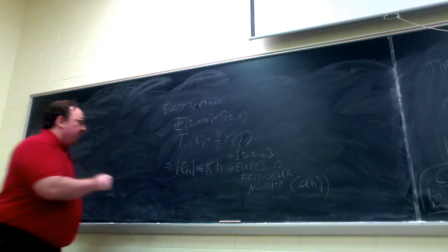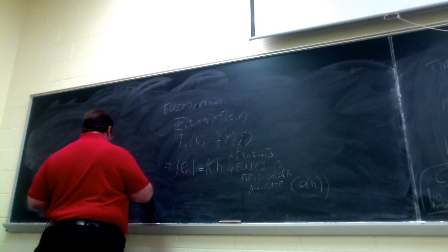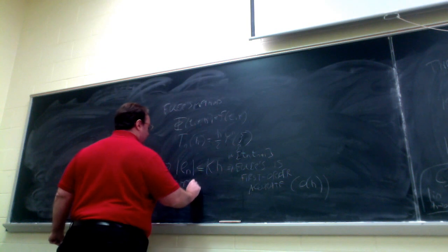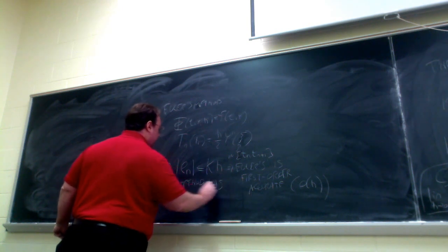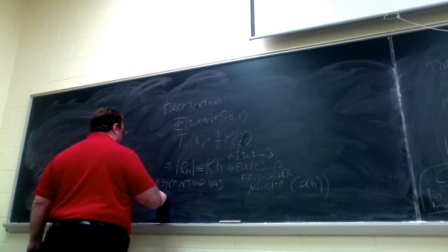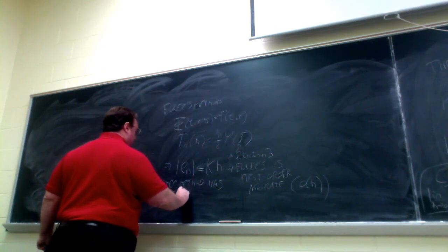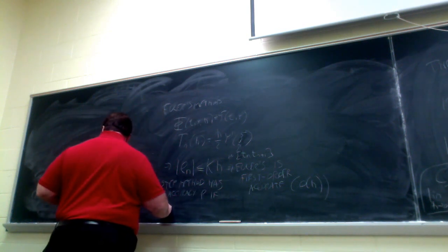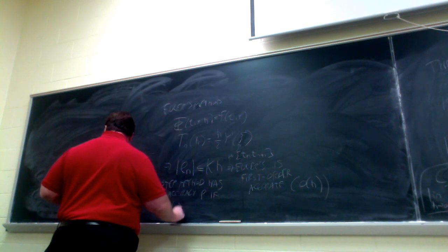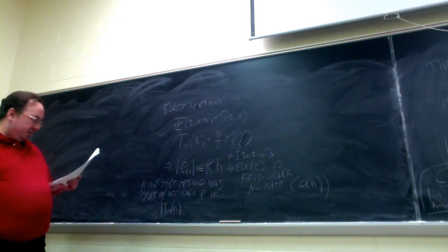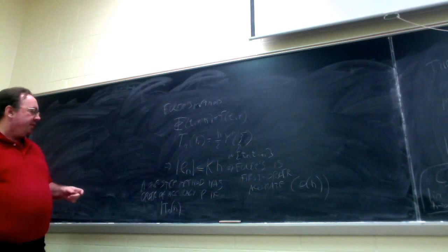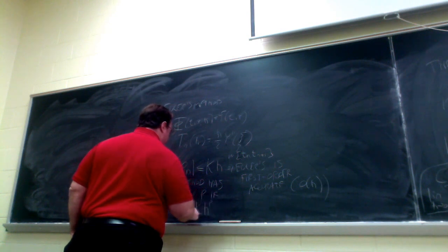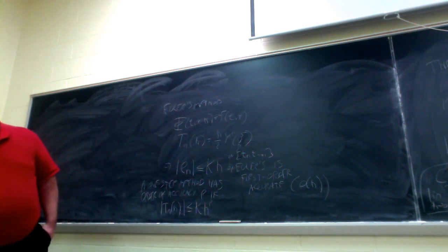Okay, so more generally, we say a method has order of accuracy p if the local truncation error is bounded by some constant times h to the p.